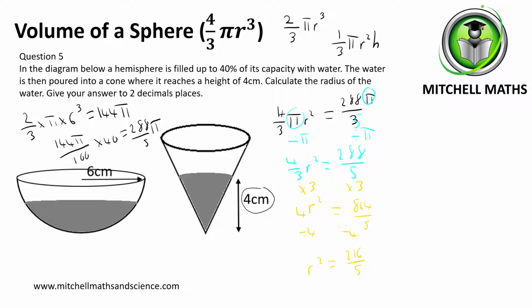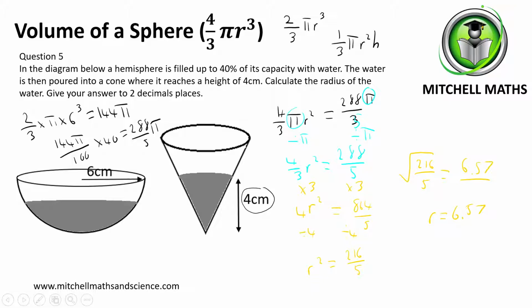And if I square root 216 over 5, my answer is r equals 6.57 to 2 decimal places. Okay, and that's my final answer.